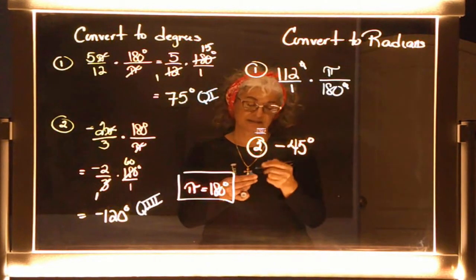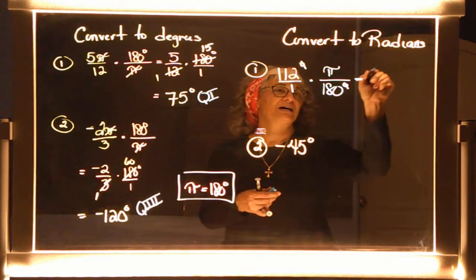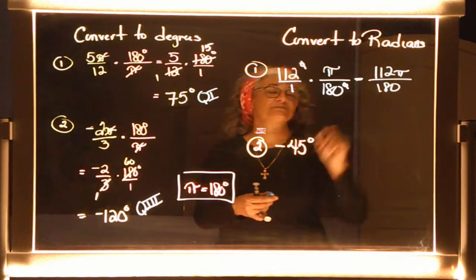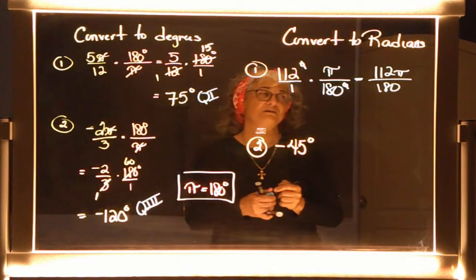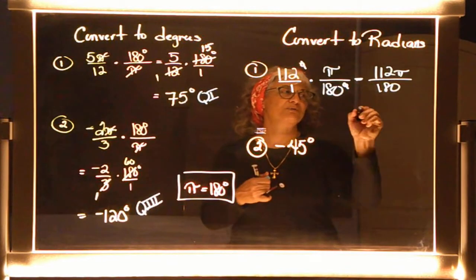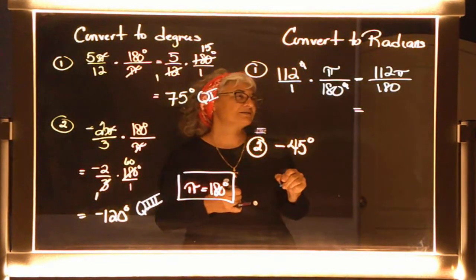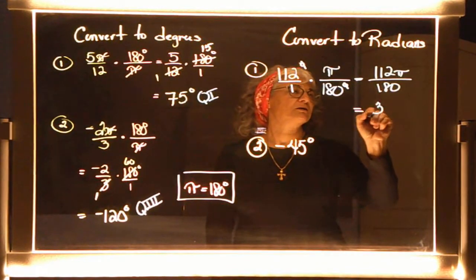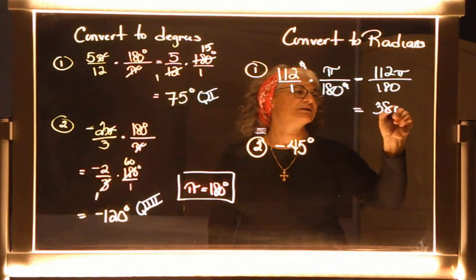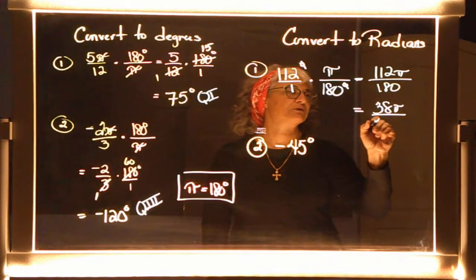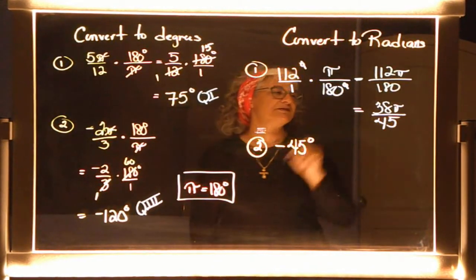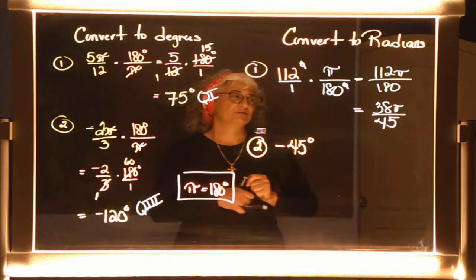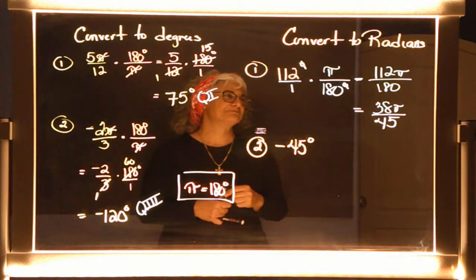And now I have a simple fraction to reduce. Agreed? Okay, so when you start reducing this, I'm going to reduce by 4. 4 goes in, and then 4, this is what I get. So, that's a lovely looking fraction, isn't it?